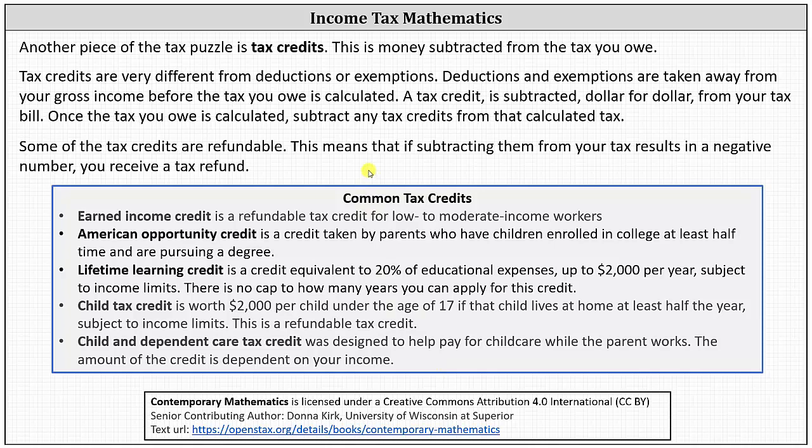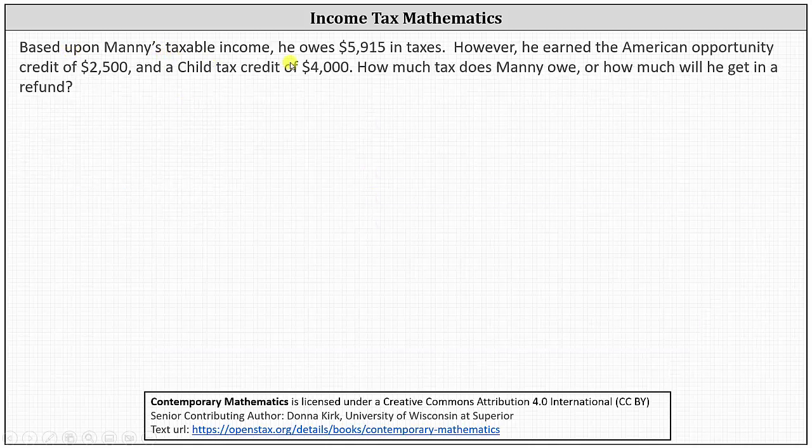Let's look at one more example. Based upon Manny's taxable income, he owes $5,915 in taxes. However, he earned the American Opportunity Credit for $2,500 and a child tax credit for $4,000. How much tax does Manny owe, or how much will he get in a refund?